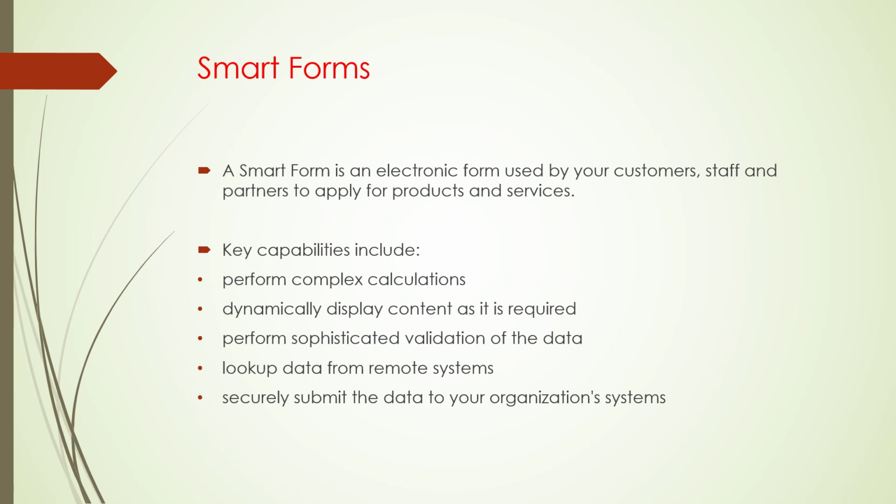A smart form is an electronic form used by customers, staff, and partners to apply for products and services. Smart forms can also pull information from knowledge base systems. One example I can give you is an ICD-10 code generator.